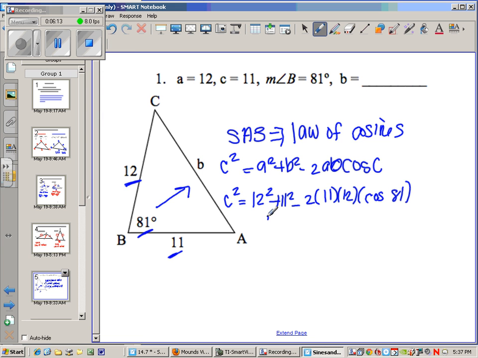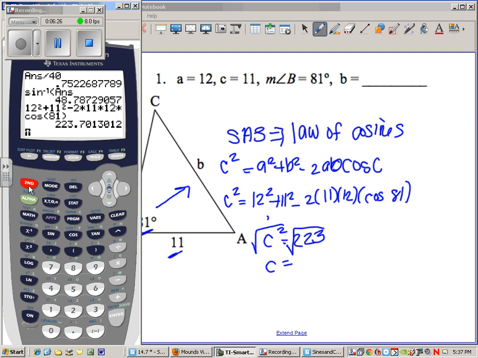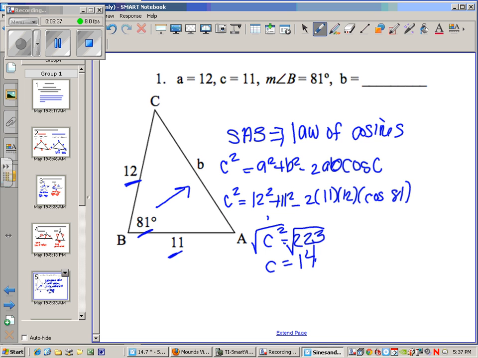So I go back, c squared equals 223. And again, don't forget the last step. To get rid of a square, we need to square root. So c is going to equal, we're going to second square root our answer, 14.9. And if you write 15, I'm okay with that too. So it's going to equal 14.9, approximately equal to 15.